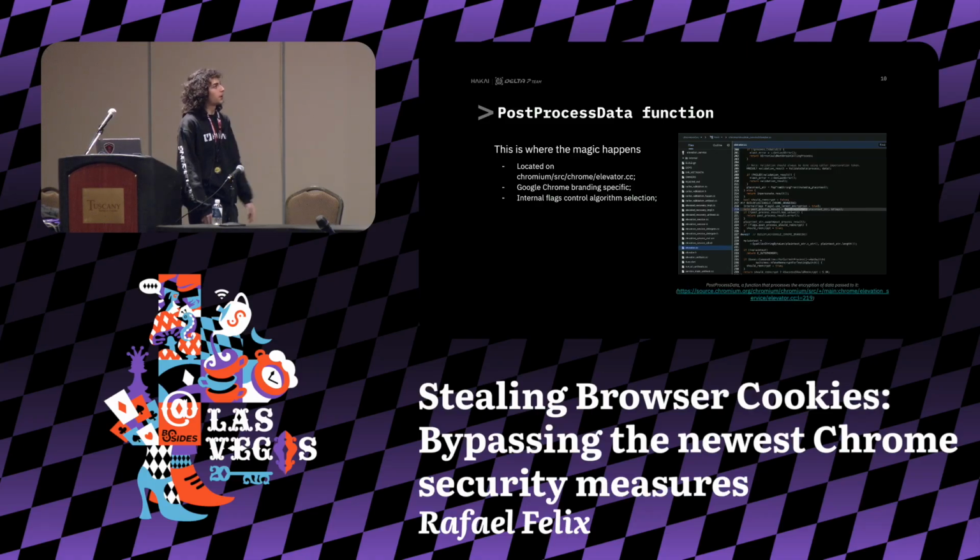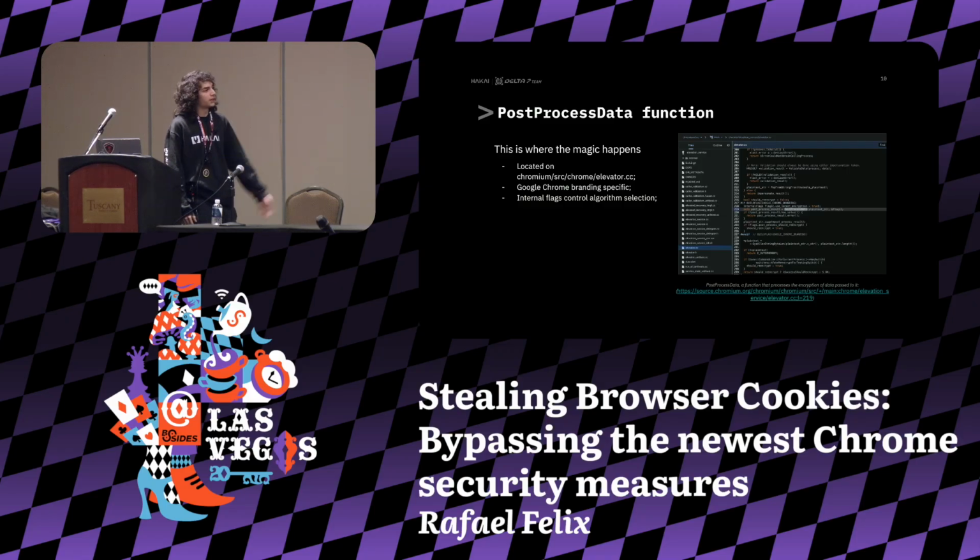Here's the post-process data function where the magic really happens nowadays. On top of the AppBound, Chrome uses this branding-specific function, which actually does a lot of encryption behind it.